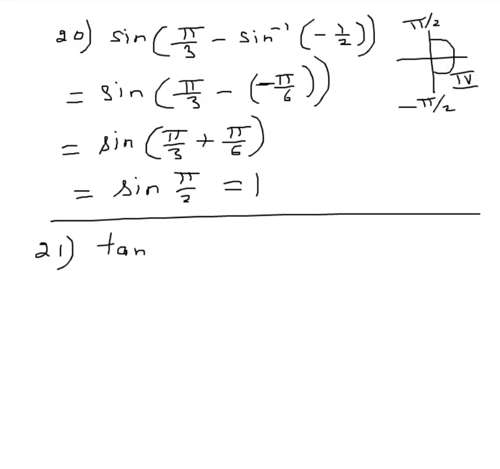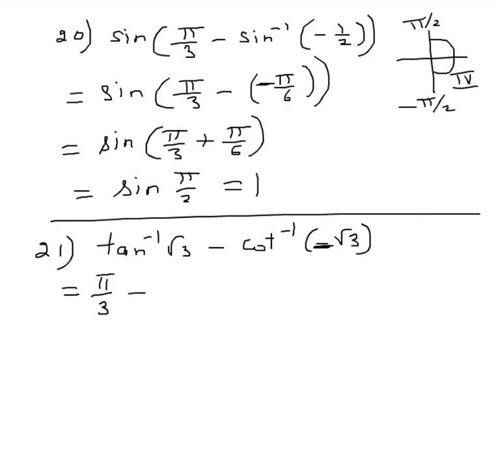21st question. Tan inverse of root 3 minus cot inverse of minus root 3. Tan inverse of root 3, a positive value, is a first quadrant angle, which is 60 degrees or pi by 3 radians, minus cot inverse. The principal value branch for cot inverse is the open interval 0 to pi.